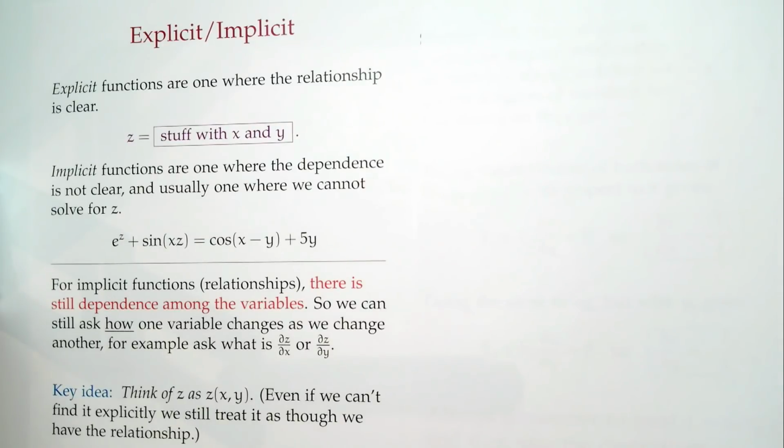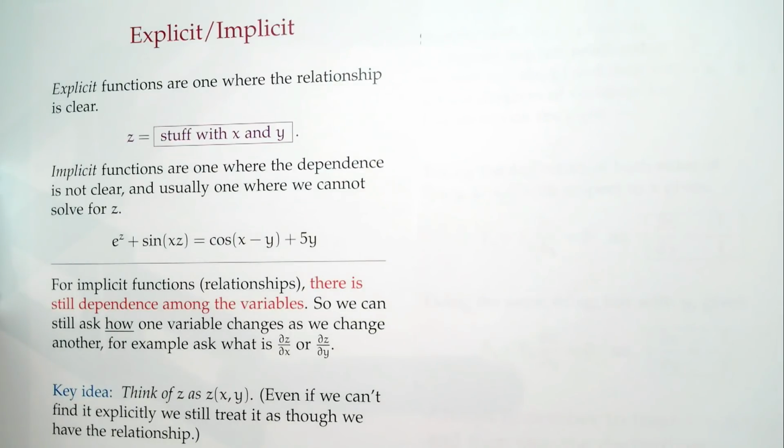When I say I have an explicitly defined function, that says I can rewrite my function as z equals stuff with x and y. The variable names aren't important, but the important thing is I can solve for the variable I'm interested in. So that's an explicit relationship. In an implicit relationship, I can't do that. There's no way for me to isolate a variable, or at least not the variable I want.